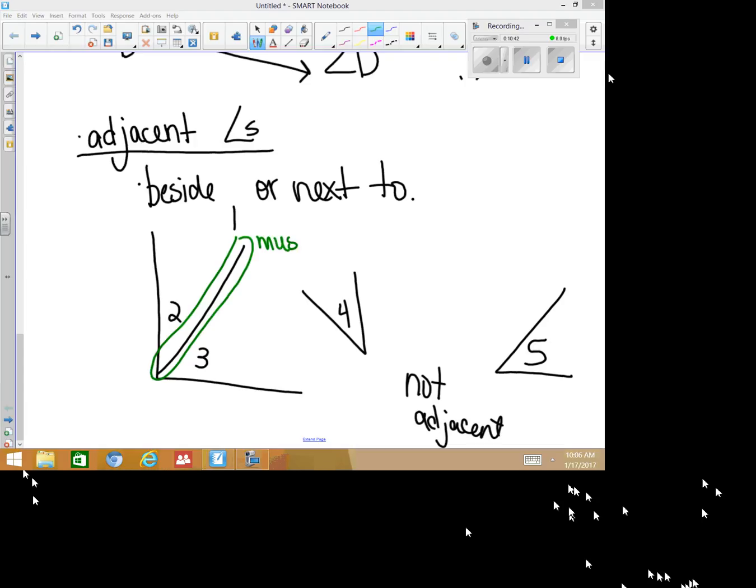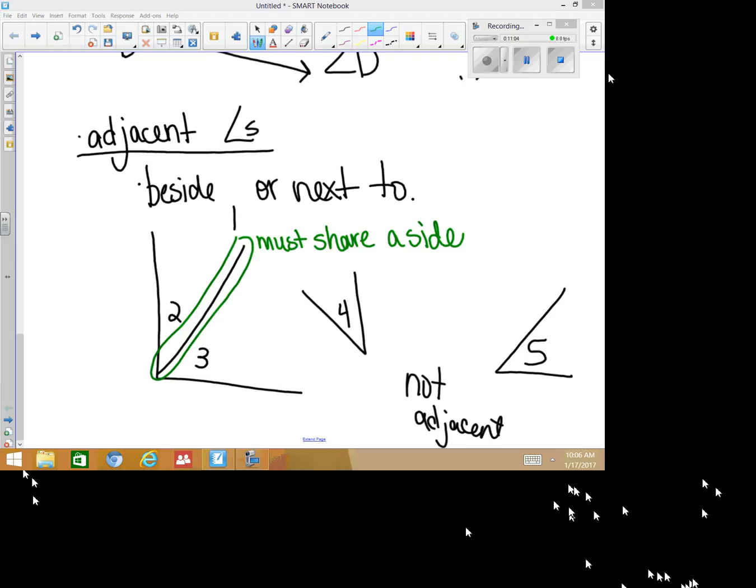Must share a side. Do you know the parts of an angle? I guess I should have asked you that before I go on. Have y'all worked with angles before? I've seen acute angle, obtuse angle. You know those kinds? Straight angle, right angle.